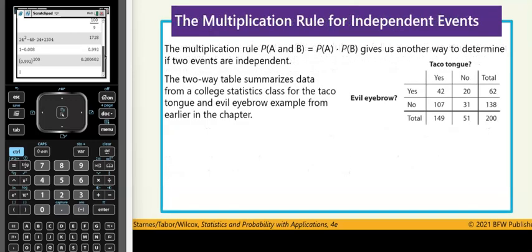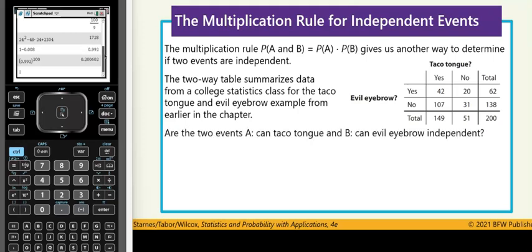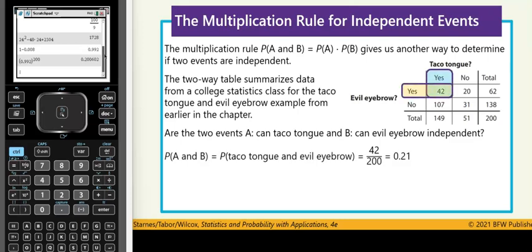Simplification gives another way to do it. A two-way table summarizes the data. Are the events A, taco tongue, and B, evil eyebrow, independent? If knowing that one event happened doesn't affect the other event, they would be. The probability of taco tongue and evil eyebrow is 21%, so both those things can happen.